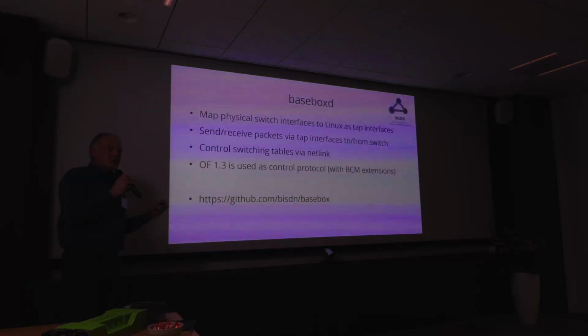You can put it either directly on the whitebox switch, or because it is an OpenFlow controller, you can also pull it out into a separate server, and then it speaks OF-DPA to the switches. And you can use standard Linux iproute to configure the box. The box itself looks like a standard Linux box with a number of interfaces.